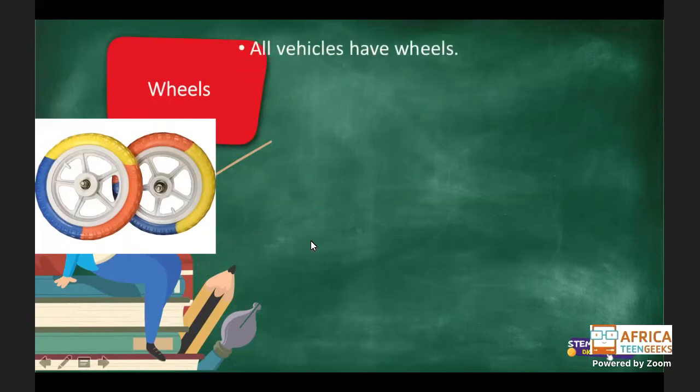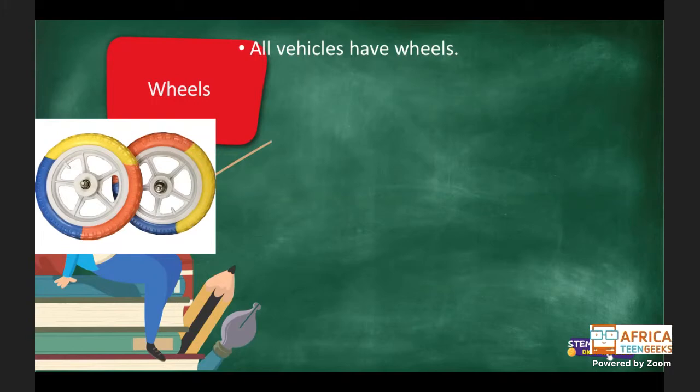All vehicles have wheels. Some of the vehicles, cars or trucks, have four wheels. Some vehicles have two wheels, which will be your motorbike. Some vehicles have three wheels.